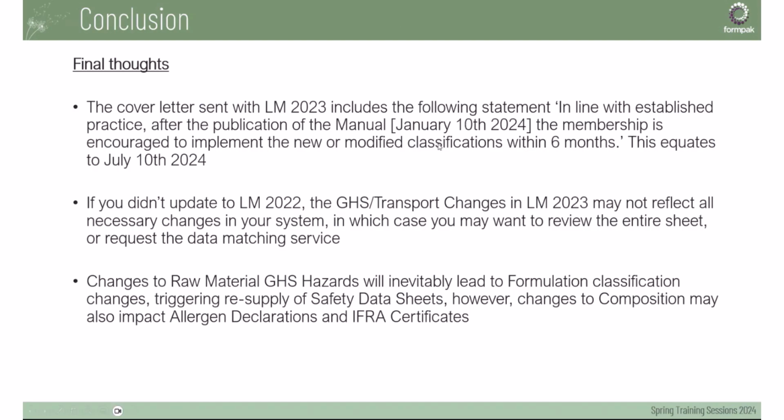And note that changes to raw material GHS hazards will inevitably lead to formulation classification changes, and this will in turn trigger resupply of safety data sheets. But also changes to composition may impact allergen declarations and IFRA certificates, because if, for example, a natural complex substance has a different value of an IFRA restricted component, then the overall IFRA limit may go up or down.